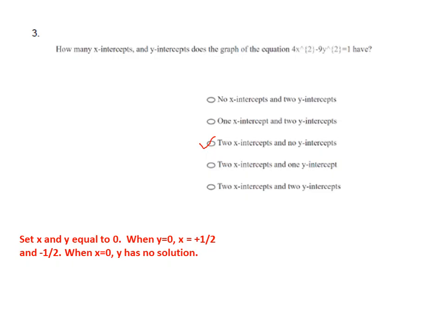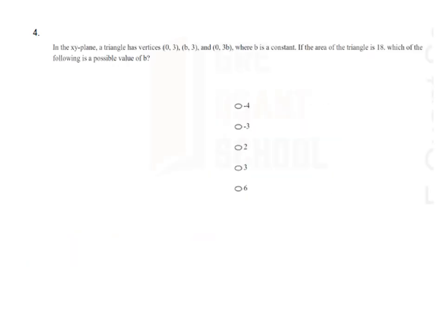Let us move to the next question. In the xy plane, a triangle has vertices (0, 3), (b, 3) and (0, 3b), where b is a constant. If the area of the triangle is 18, which of the following is a possible value of b?